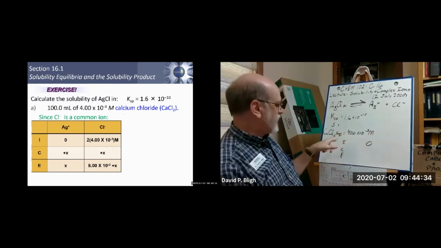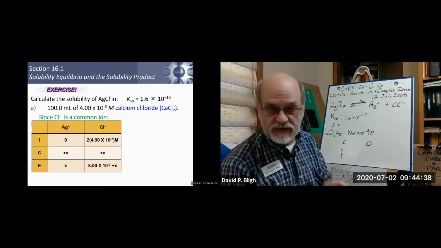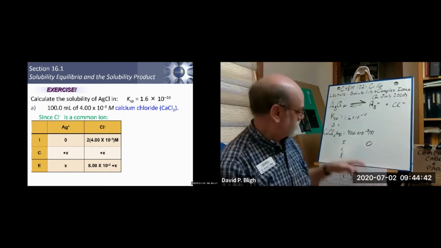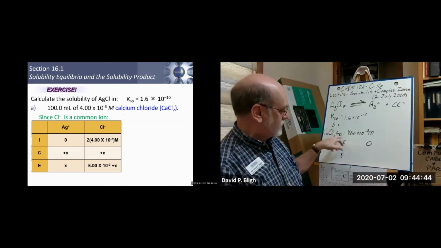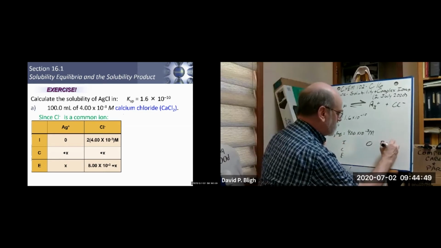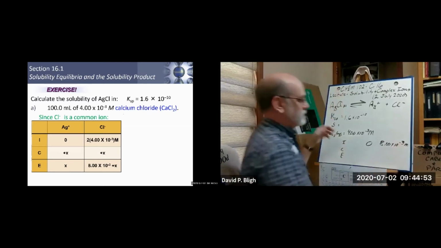So how much is that? Well, if this is the concentration of the compound, what's the concentration of the chloride ion? It's twice that much, right? Because you have 2 for every 1. So this is going to be 8 times 10 to the minus third molar. Initial.